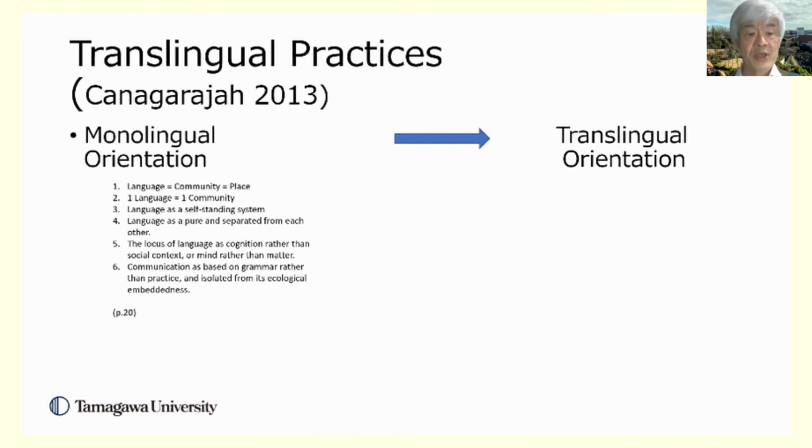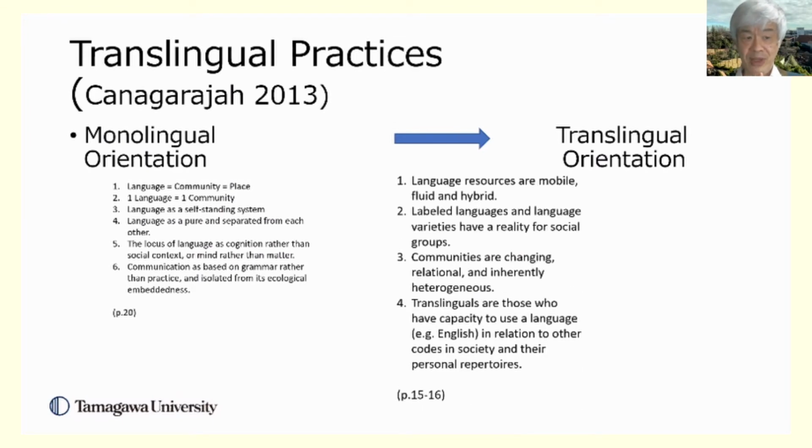Now I think Canagarajah's framework is really one of monolingualism, and he actually proposed an alternative on the right-hand side here. This is the direction in which we deal with language, but we also think about the applied linguistics of the future. Language resources are mobile, fluid, and hybrid. So I think the discipline of applied linguistics is mobile, constantly changing, active, fluid, and hybrid.